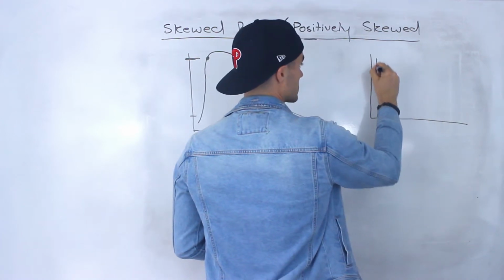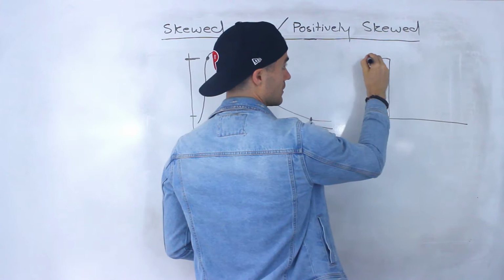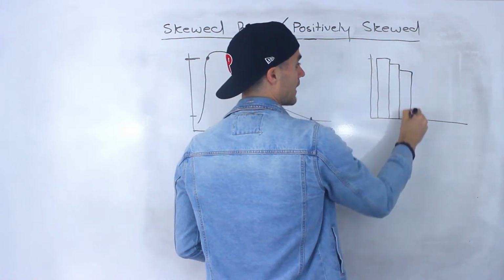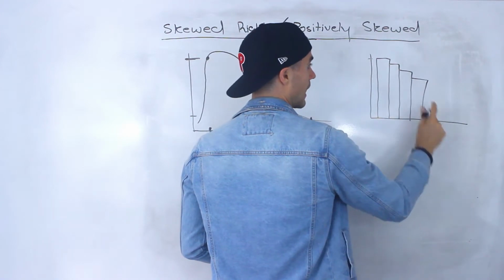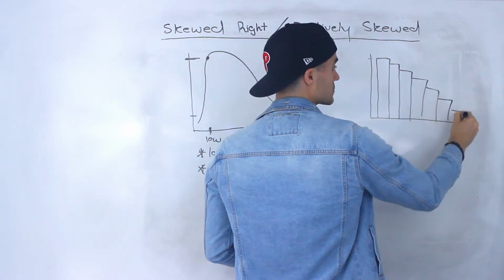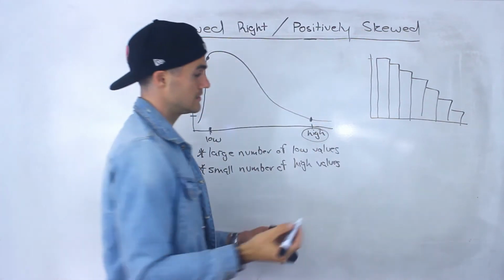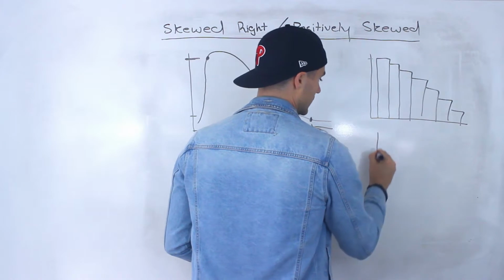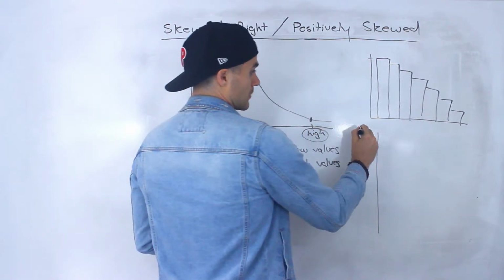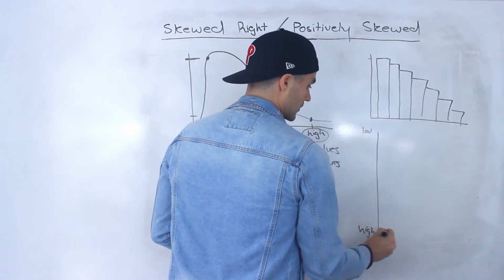And the corresponding histogram, the way it looks is, again, that frequency for these low values here is going to be high. And then as those values get higher and higher, that frequency goes down. It's going to look something like that. And then the stem plot, the stem leaf plot, remember all the low values are up here and then all the high values are down here.